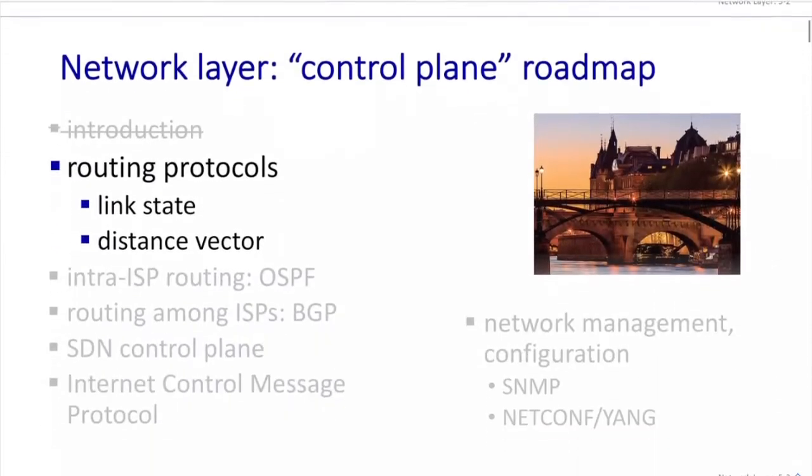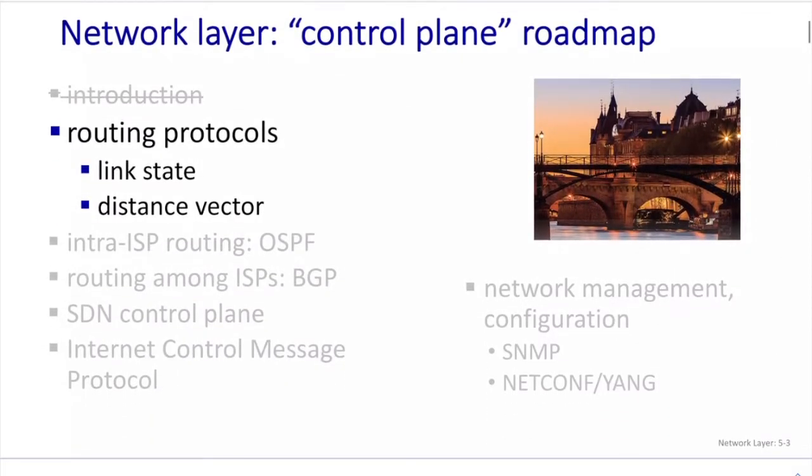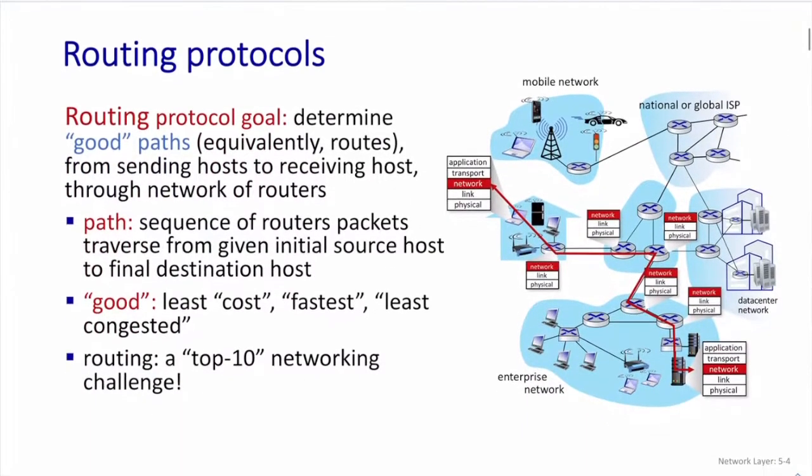So the first topic is routing protocols. We will introduce two protocols: link state and distance vector. The goal of a routing protocol is to determine a good path, or say routes, from the sending host to the receiving host through the network routers.